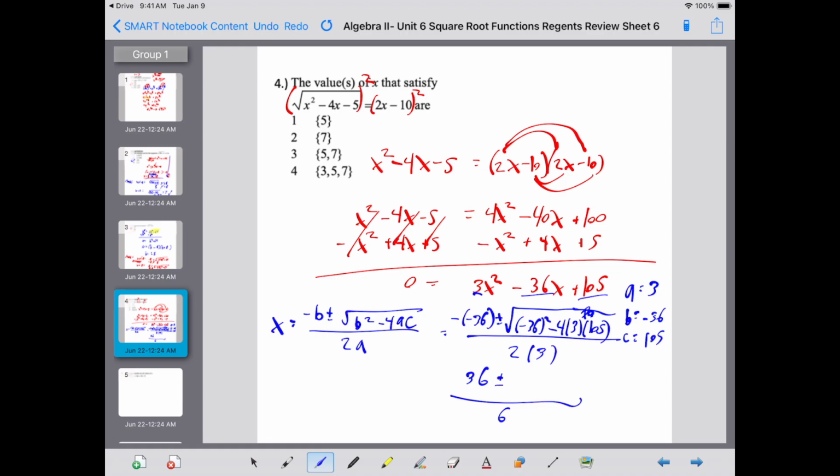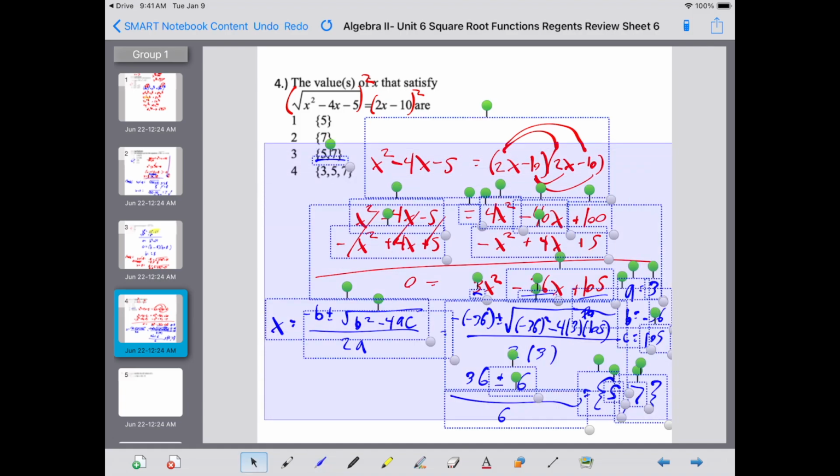So plus or minus 6, because the square root of 36 is 6. So put that in your calculator. 36 minus 6 divided by 6 is going to be 5. And then do the same thing, but 36 plus 6 divided by 6. And you get 7.